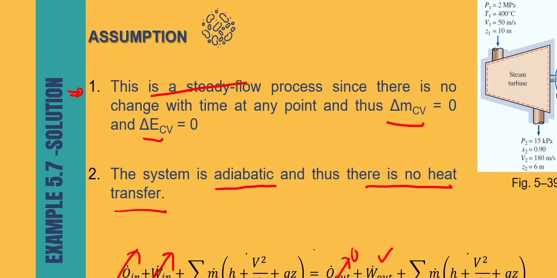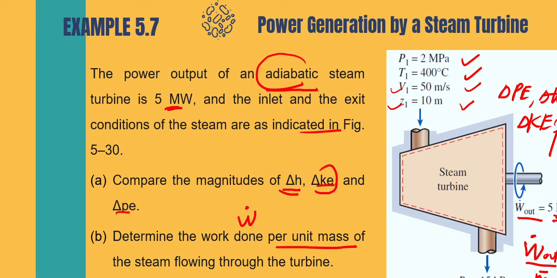Okay, what information is given in the question? If you look in the question, you have this information. Your X is 0.9, meaning that the steam exists as a mixture of saturated liquid and vapor.